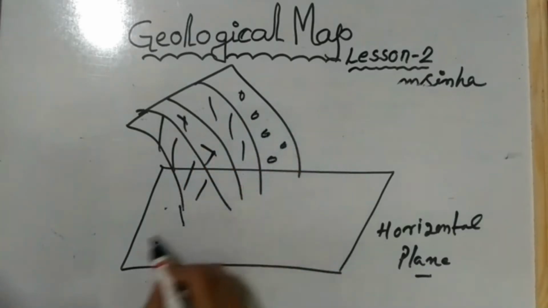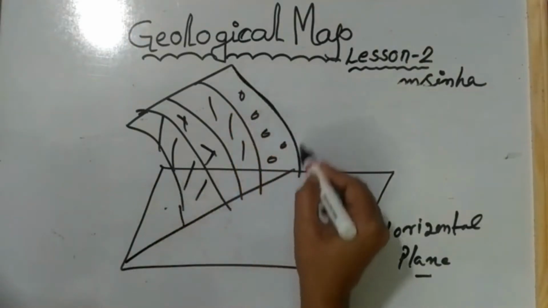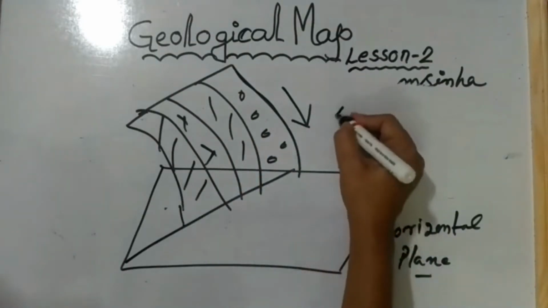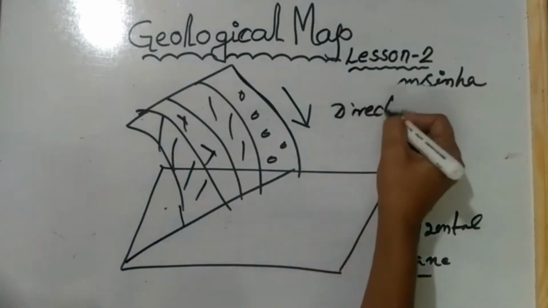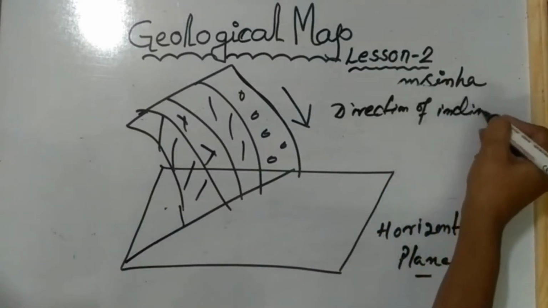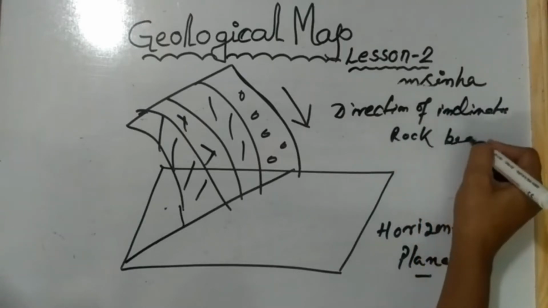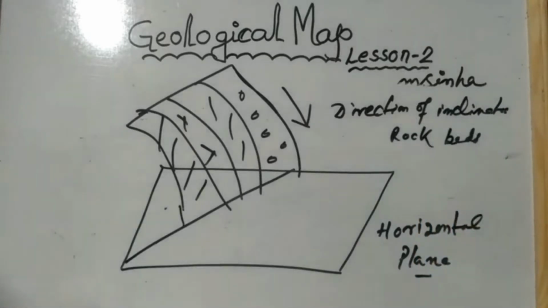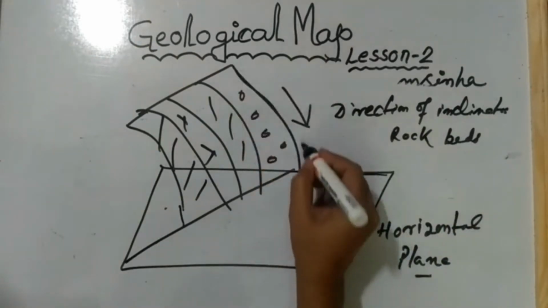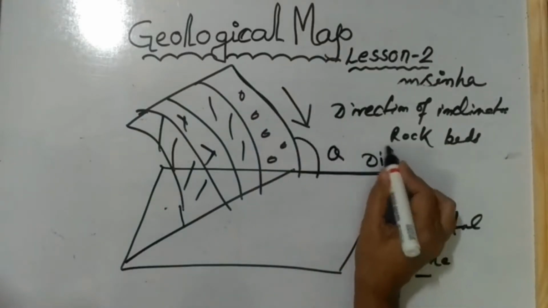All are dipping, and those beds are inclined in that direction. This is the direction of inclination of the rock bed. The angle between the horizontal plane and the inclination of the rock bed is theta. This angle is the dip.